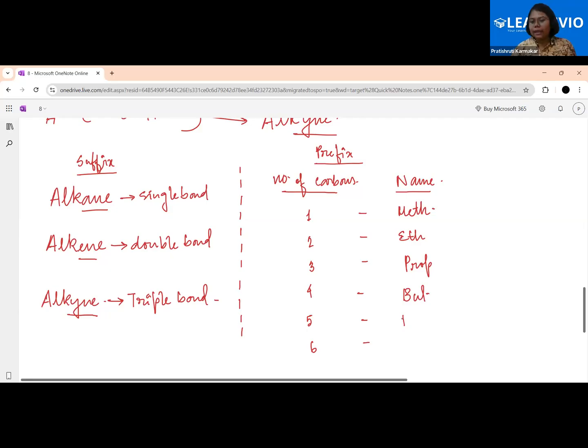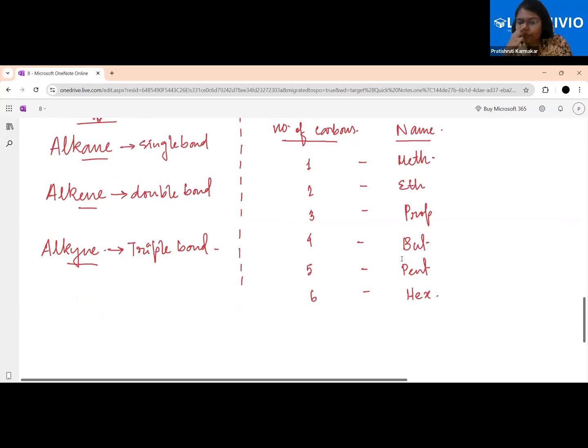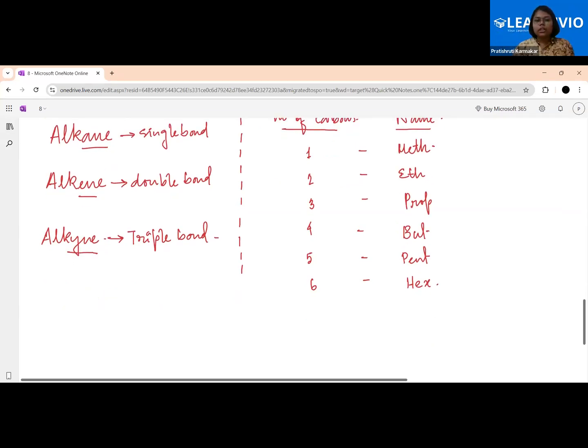Then for 5 we have pent. And for 6 we have hex. So let's deal with up to 6 as of now. If the number of carbon is 1, the prefix will be meth, 2 as eth, 3 as prop, 4 as but, 5 as pent, 6 as hex. And the suffixes are ane, ene, yne. Now, from here we can conclude in our structure methane. This is all single bond.